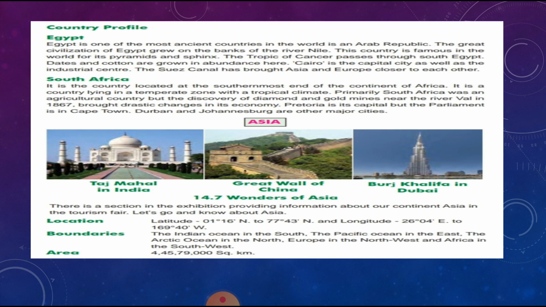So this is about the location. When we talk about the boundaries, the Indian Ocean is in the south, the Pacific Ocean is in the east, the Arctic Ocean in the north, Europe in the northwest, and Africa in the southwest. So this was about the boundaries.